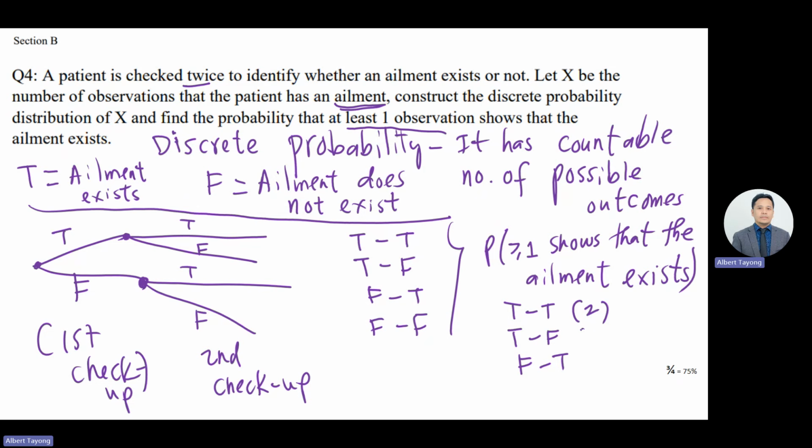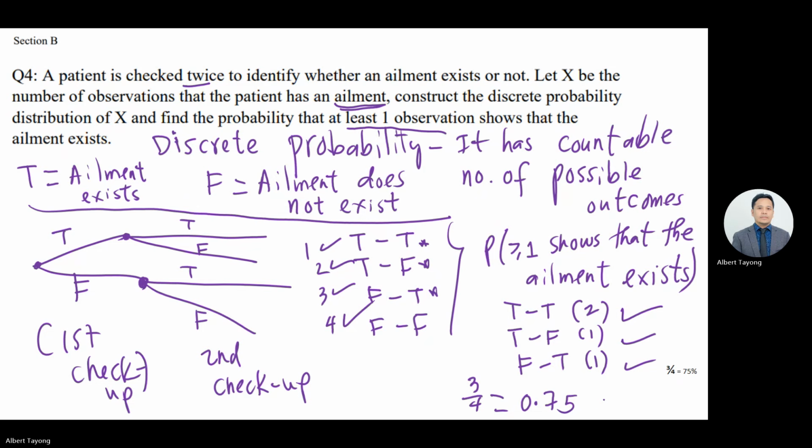Here we have 2, here we have 1, here we have 1 T. So at least 1 is greater than or equal to 1. 2 T's, here 1, here 1. So there are 3 possibilities. 1, 2, 3. Over 4, because we have 4 possible outcomes. 1, 2, 3, 4. So 0.75 equals 75%. Okay, so I hope that's clear. That's the answer to this question.